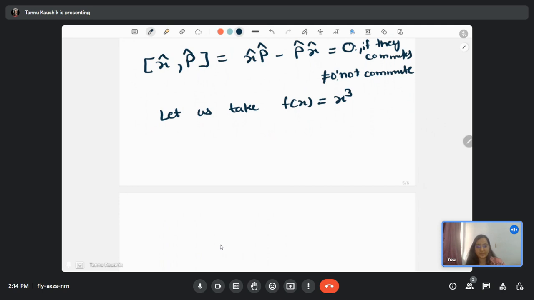So let us take a wave function f(x) equal to x cube, and we will operate these operators, the position operator x and this parity operator P, on this wave function f(x) equal to x cube.